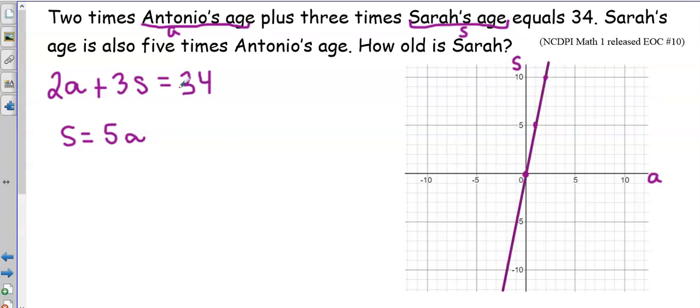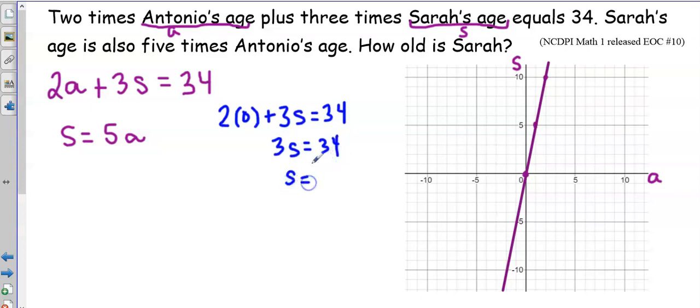All right, to graph my other equation, I'm going to use the x and y intercepts. I'll substitute 0 in for A to find the y-intercept. That gives me 3S equals 34. And when I divide by 3 on both sides of the equation, I have 11 and 1/3.